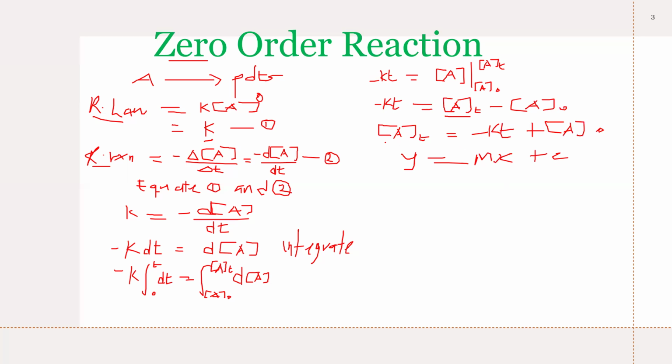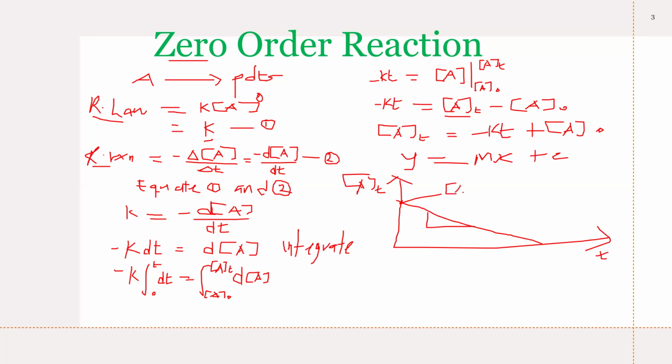So if we plot a graph of the concentration of A at time t against time, our slope is negative k, and our intercept is the initial concentration. So let's plot the graph of the concentration at a certain time t with time. With a negative slope, it goes like this. This is our slope, and this becomes our intercept, which is A naught.